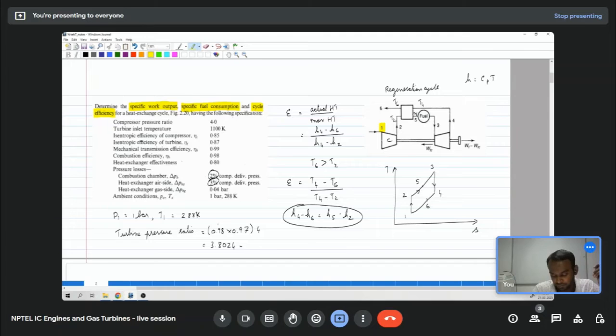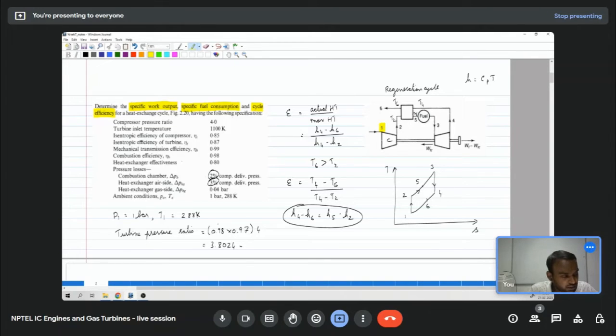Now, we haven't considered the pressure losses while solving this problem, but we have considered the isentropic efficiency of the compressor and turbine, and also the combustion efficiency and heat exchanger effectiveness. Heat exchanger effectiveness is defined as the actual heat transfer to the maximum heat transfer.